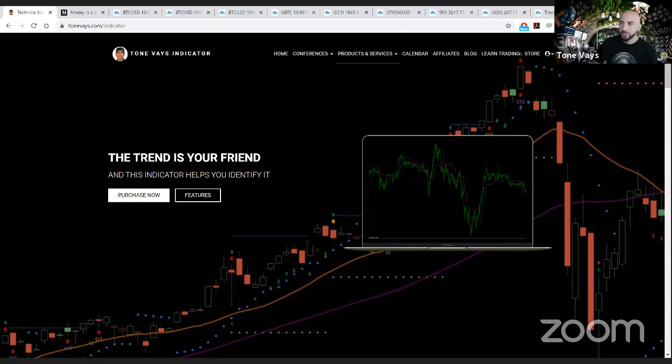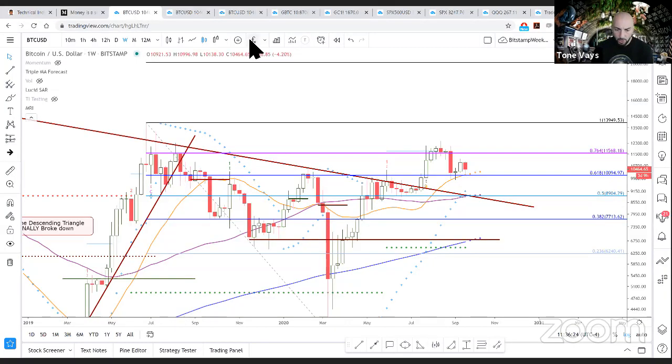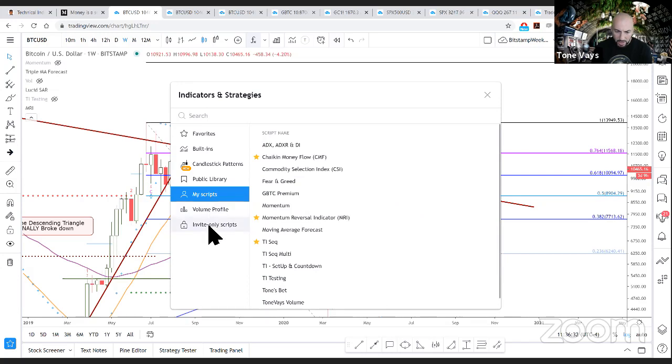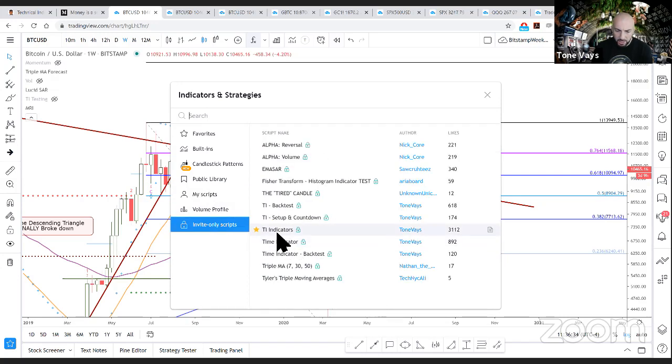So sometime next week, when you go to any chart, and then go to add indicators, and then invite-only scripts, you will see MRI there with a green lock. When you do, that means you can use it. So look for the MRI sometime next week if you already have access to my indicators. So that's how you would get it.